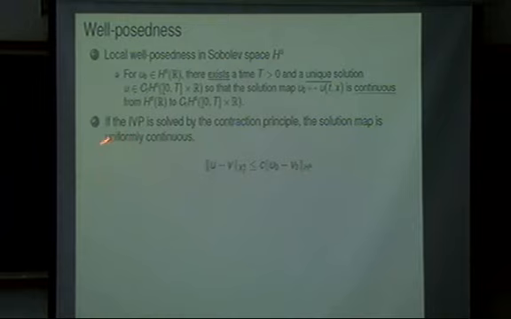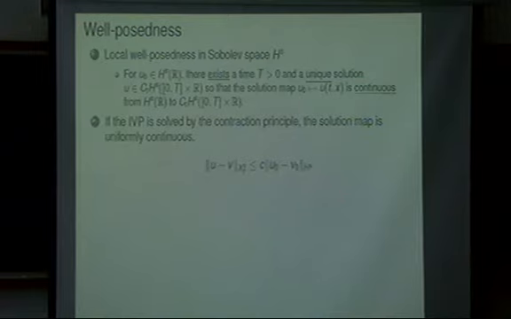But if the problem is solved by the contraction mapping argument, then we automatically know this inequality, which means the solution in the iteration space, which is embedded in C_T H^S, is bounded by just the difference of the initial data.